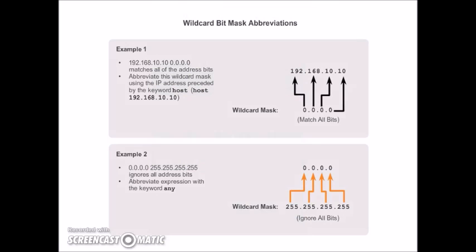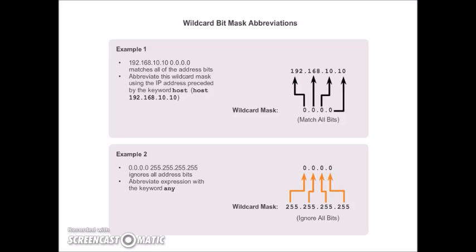The keywords host and any help identify the most common uses of wildcard masking. These words eliminate entering a wildcard mask when identifying a specific host or an entire network. The host keyword substitutes for the 0.0.0.0 mask.